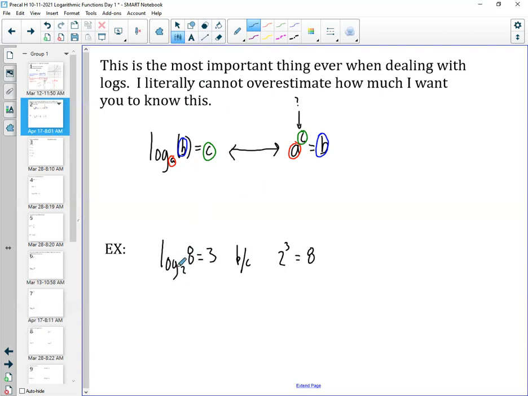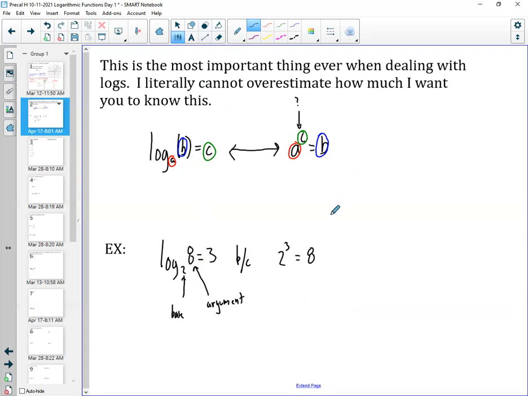The base, the little number, to what it's equal to, was equal to the thing inside there. 2 to the third equals 8. This little number here is called the base. The thing inside there is called the argument. That's kind of a mathy word, but that's what it's called.